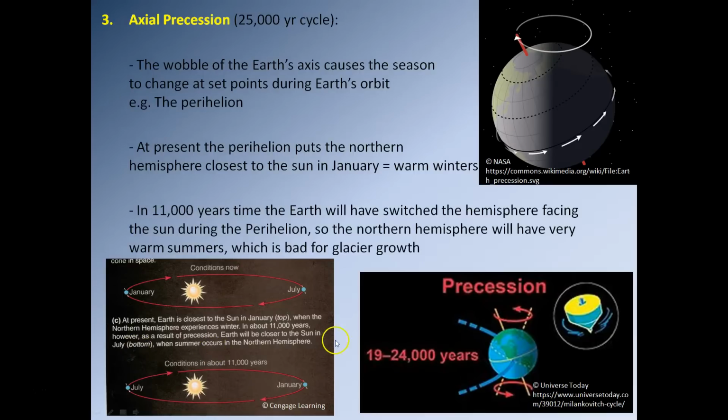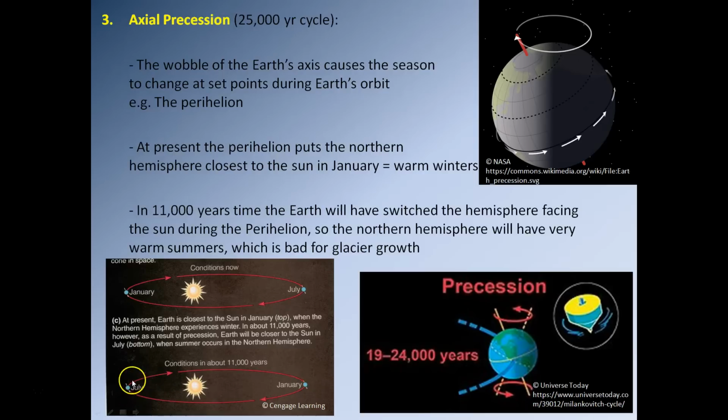Now, over a period of about 11,000 years, there's slight disagreement between the textbook and other sources. However, what's going to happen is over time we're going to have a precession, and so this means that in January, the Northern Hemisphere is going to be pointing towards the Sun, and the Southern Hemisphere is going to be pointing away from the Sun. So you're going to have a warm January in the Northern Hemisphere and a cold January in the Southern Hemisphere.